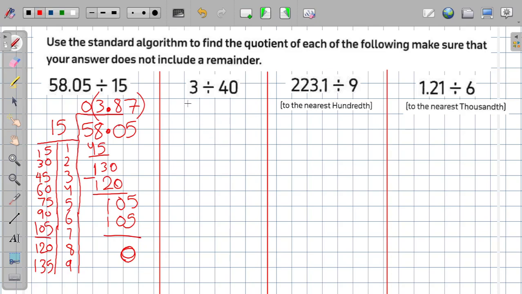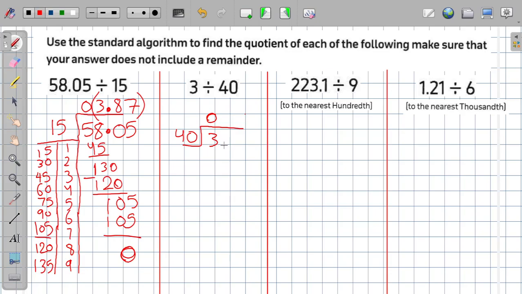The next one, I have 3 divided by 40. What is this, mister? You can divide a small number by a big number? Yes. Let's try this one. I have 3 divided by 40. This is 3. This is 40. So 3 divided by 40 equals what? Equals 0. Okay.